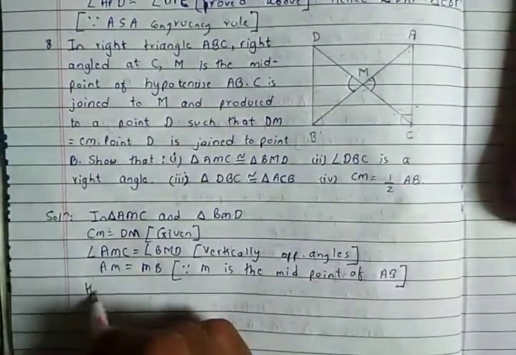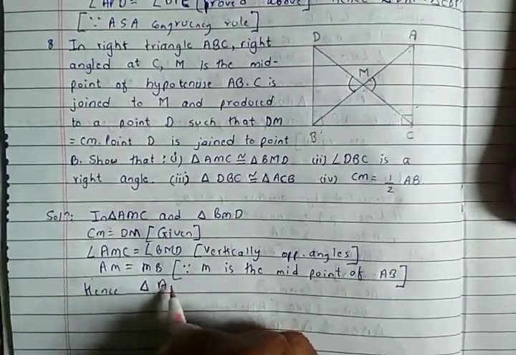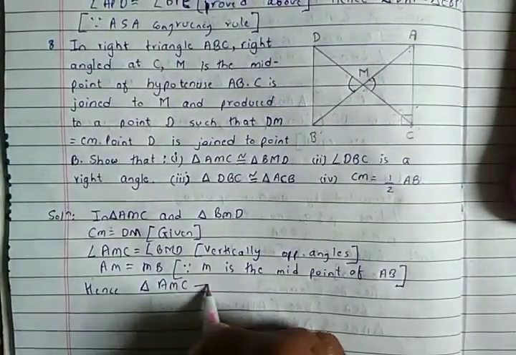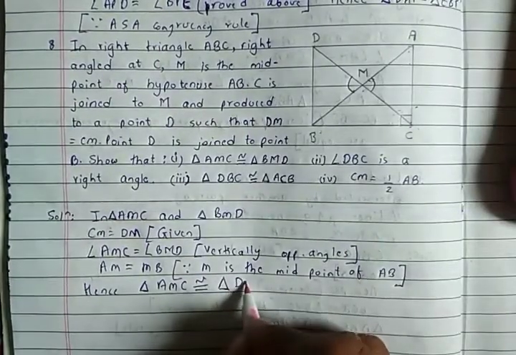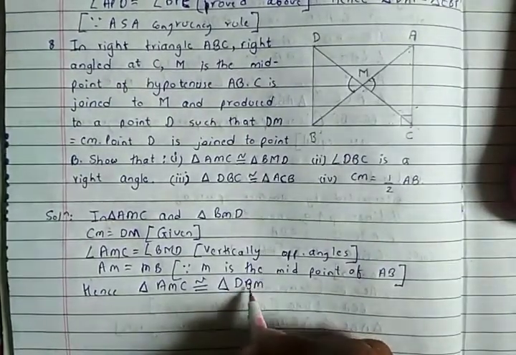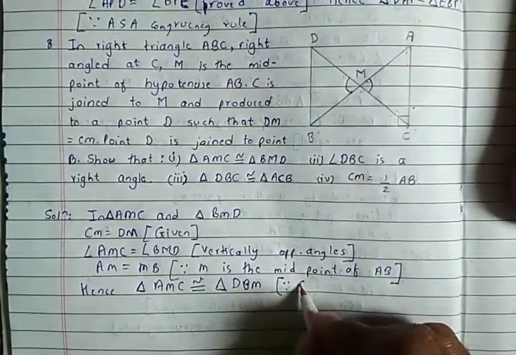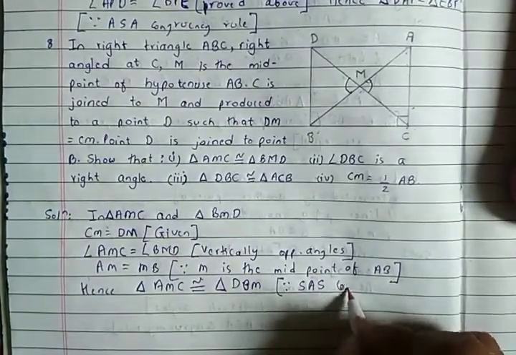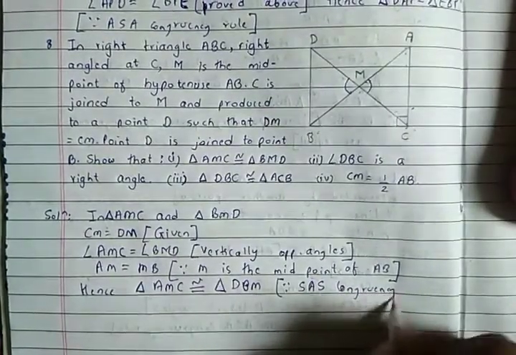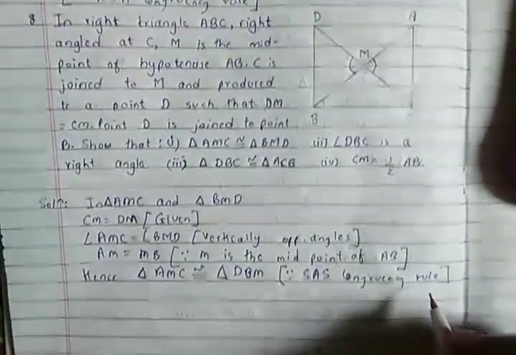Hence we can say that triangle AMC is congruent to triangle DBM. You can say this because of side angle side congruency rule. Right? First thing we have proved.